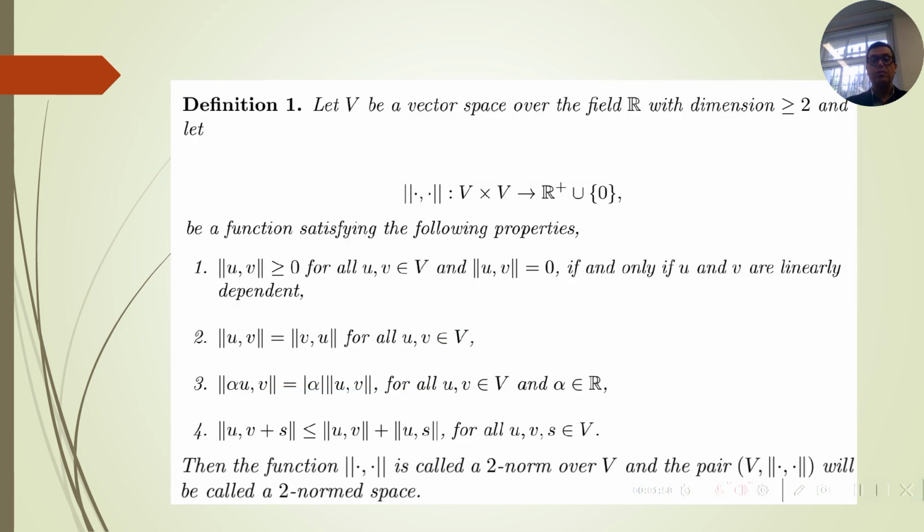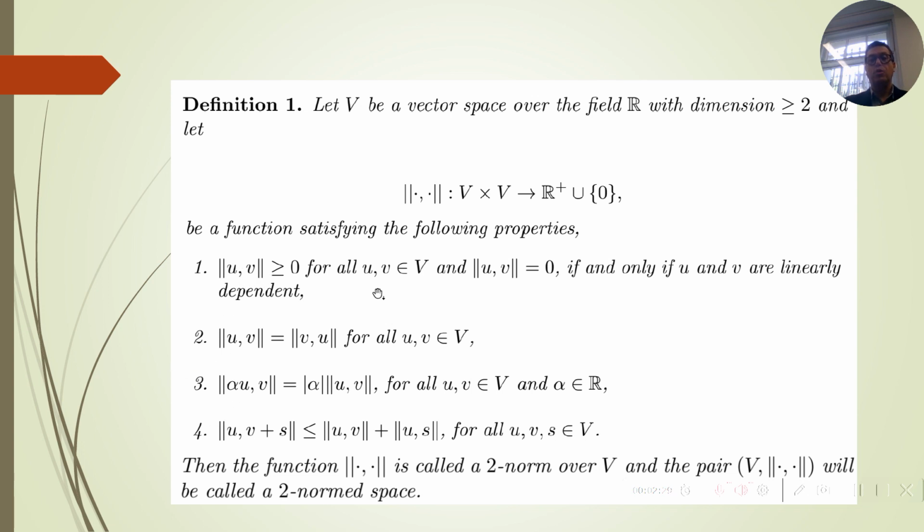Let's start with the definition of two norm spaces. Assume V is a vector space over the field R with dimension at least 2. A function from the product of V by itself to all non-negative numbers, which is called a two norm, must have these four properties.